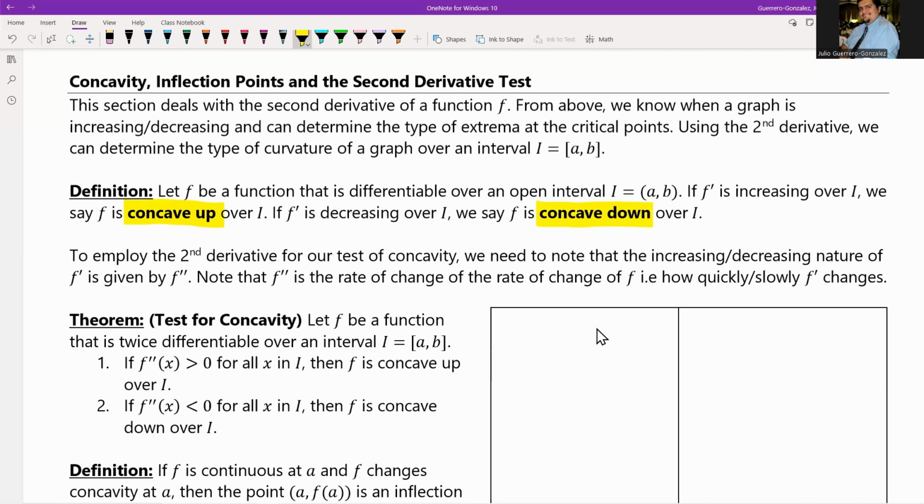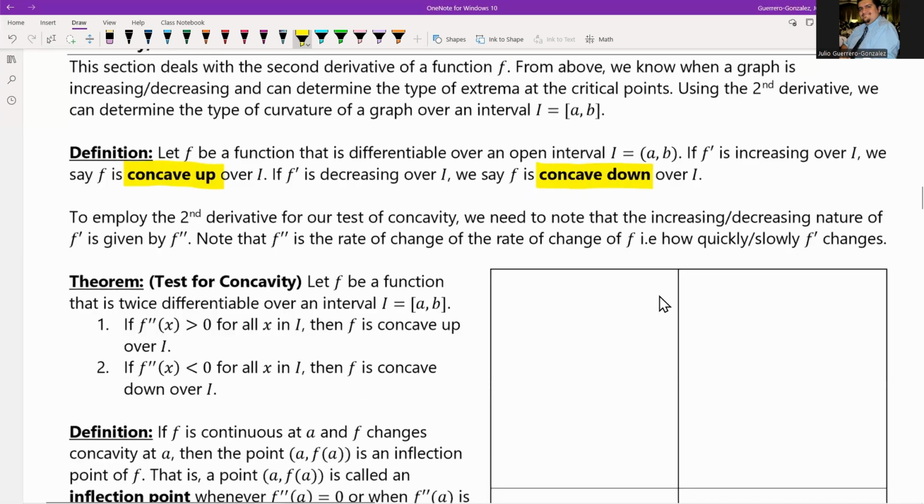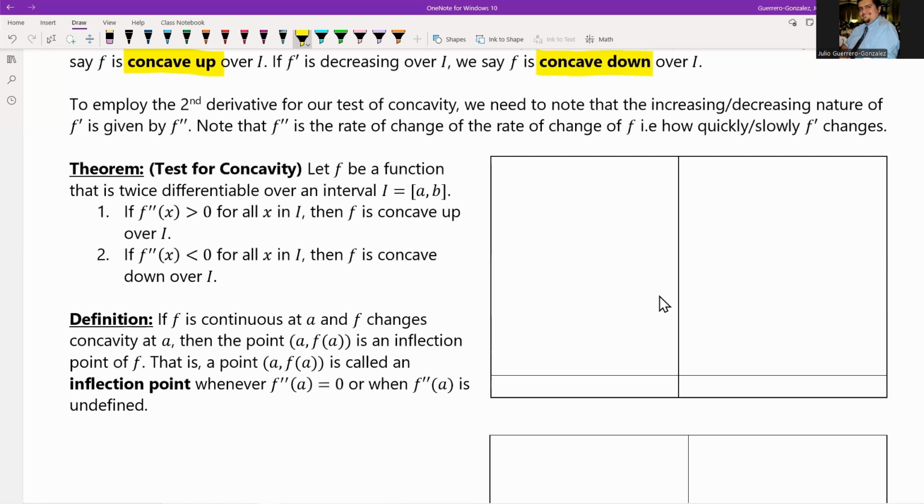So, the test for concavity tells us that if f double prime is greater than 0, then we have concave up. And if f double prime is less than 0, we have concave down.